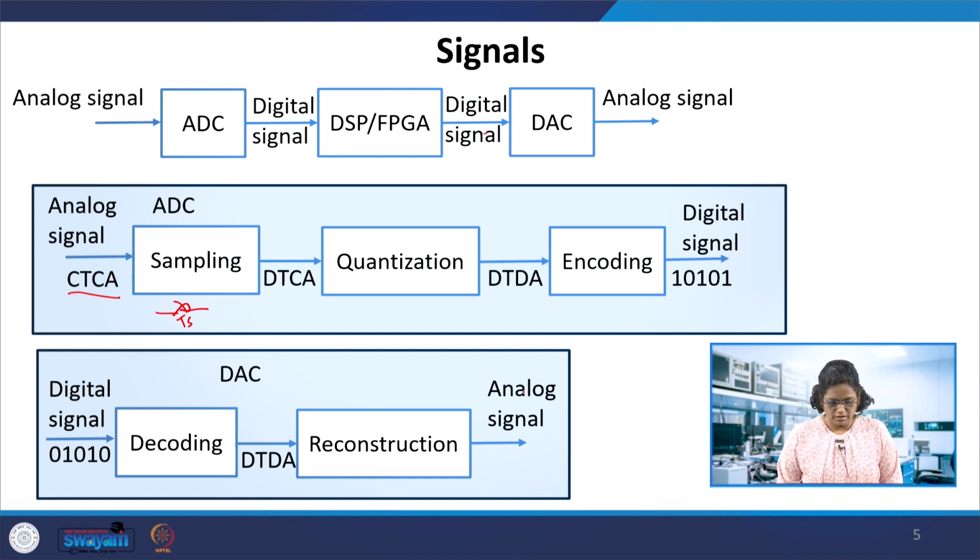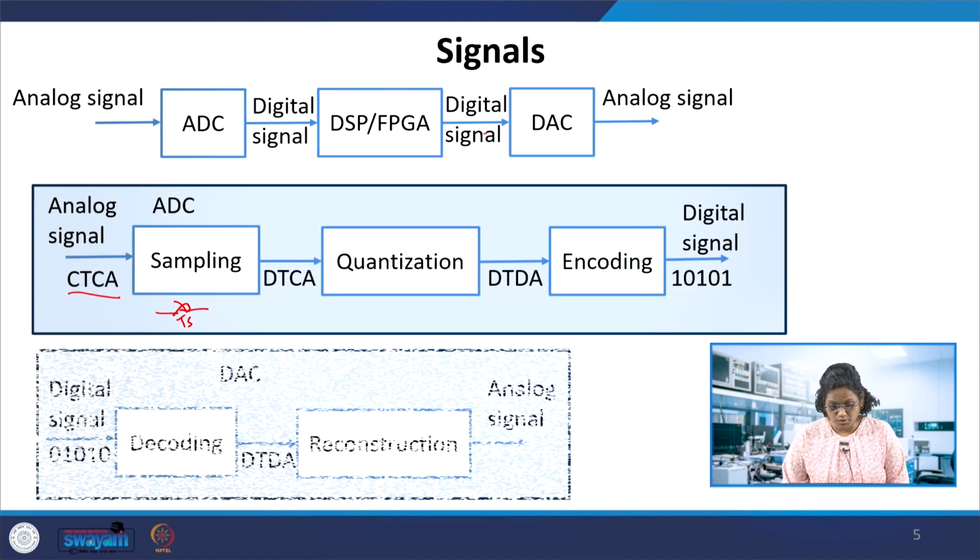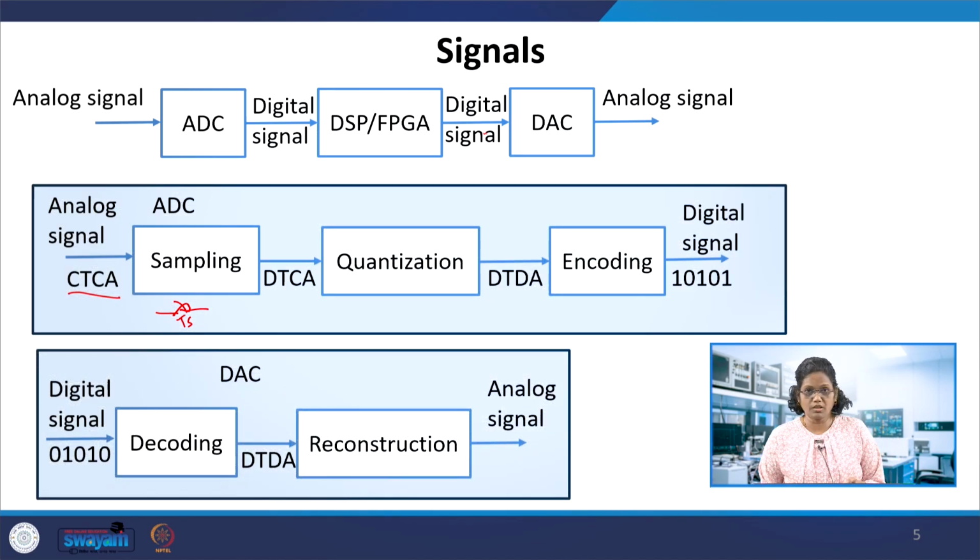In the intermediate stage you get a signal continuous in time and discrete in amplitude, and how the values 2 and 1 in between need to be connected is decided by the interpolator, the best reconstructor used in the process of the D2A. So then we get the analog signal, coming back to the real analog world.